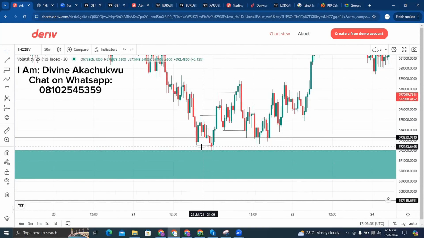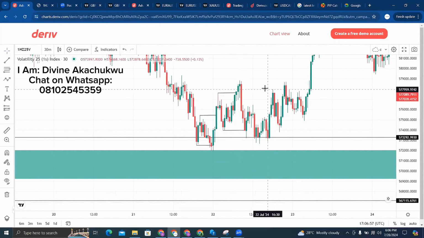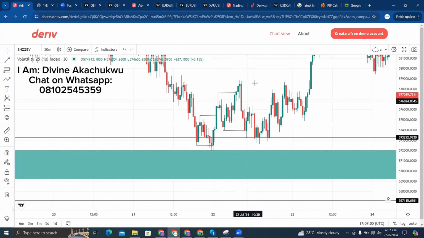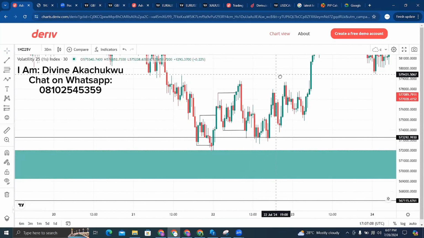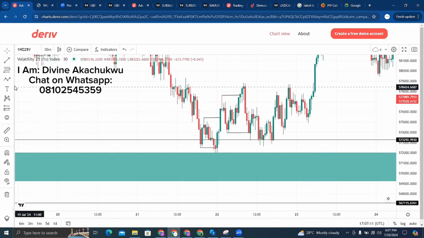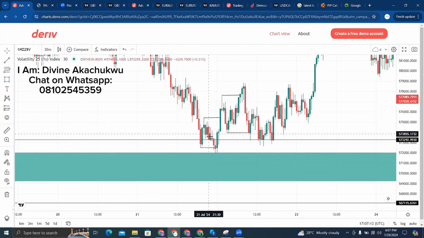Price was selling, then created this sweep and tapped into our 4 hour demand zone, our entry zone from the 4 hour. Then it broke structure the first time. After breaking structure, it pulled back, then broke structure the second time. So what do we expect price to do after the second break of structure? We expect price to come, take out this structural liquidity, tap into our zone and buy up. And that's exactly what happened. So you can use this as a confirmation and increase your risk to reward, increase your win rates.